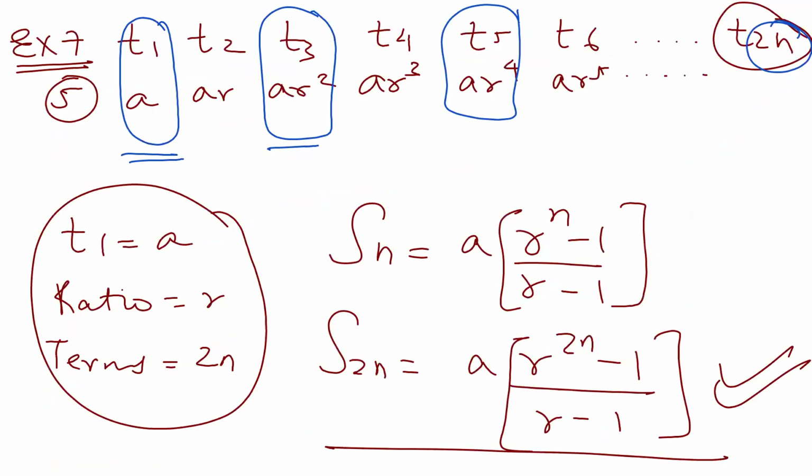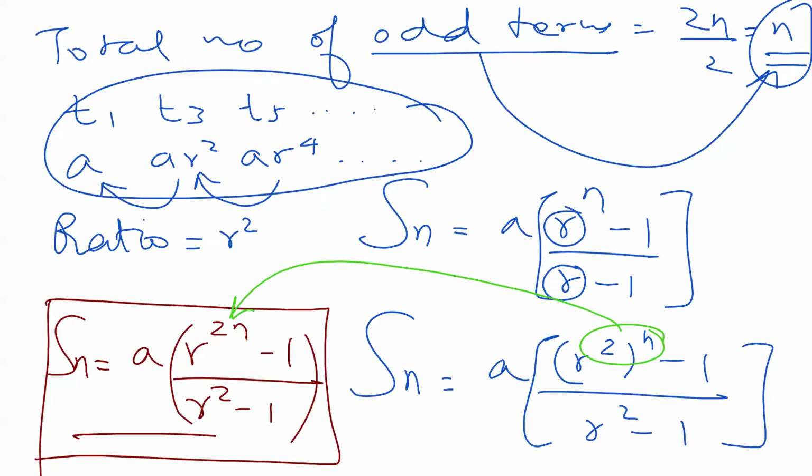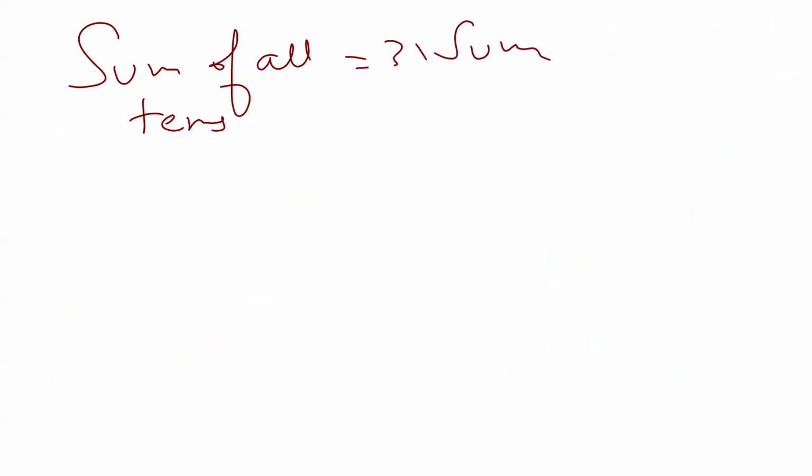Now the sum of the total number of terms is equal to 3 times the sum of the odd terms. So I'll just write sum of all terms is equal to 3 times sum of all odd terms. This is given in the problem.